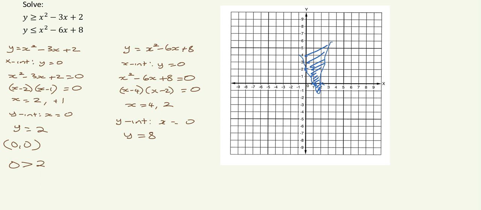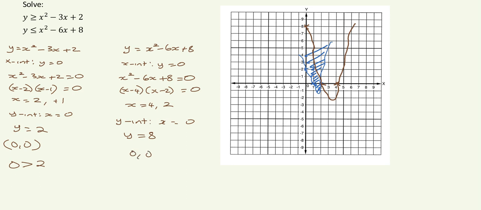Now we're going to put this on the graph. We have x equal to 2 right here, x equal to 4 right here, and y equal to 8. Okay, that's a rough sketch of what the graph looks like. Then we use the origin test.